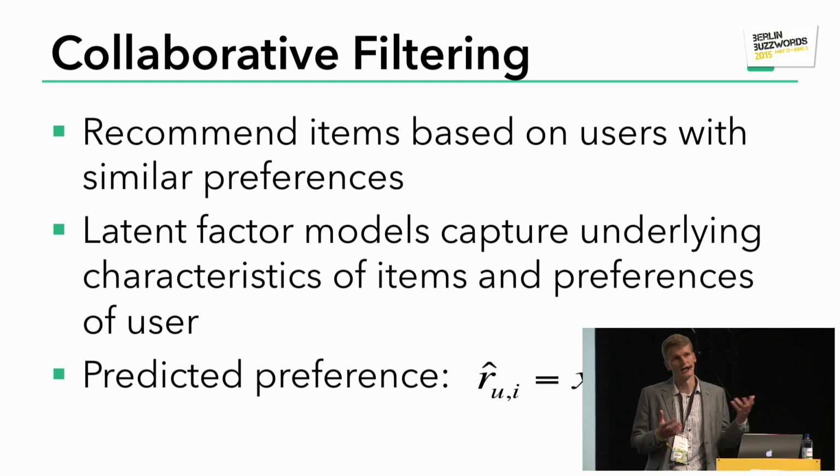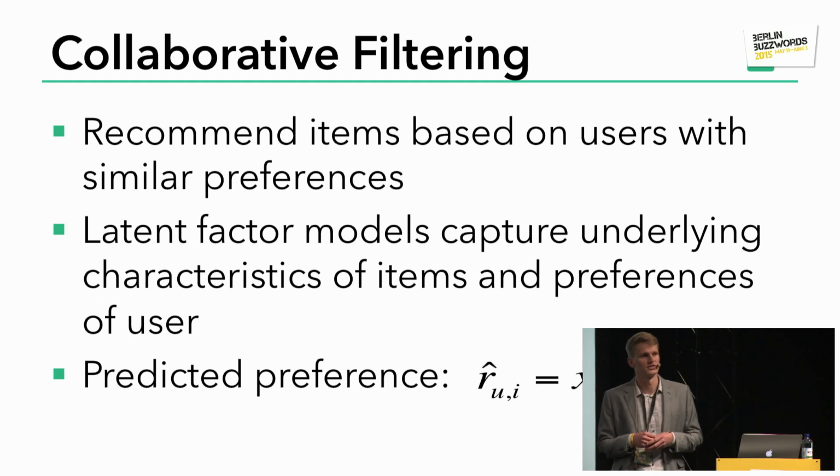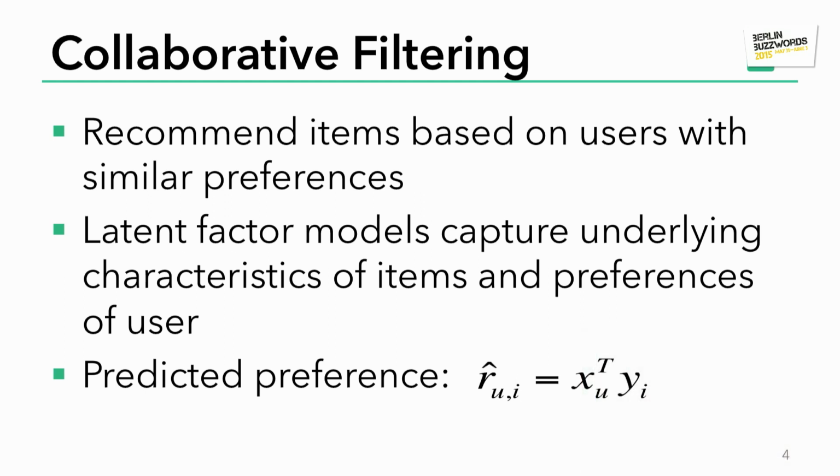And how do you find out whether some users share a similar preference for some kind of products? Here's where the latent factor models come into play, which basically assign to each user a set of preferences, and to each item a set of characteristics which somehow describes the product.